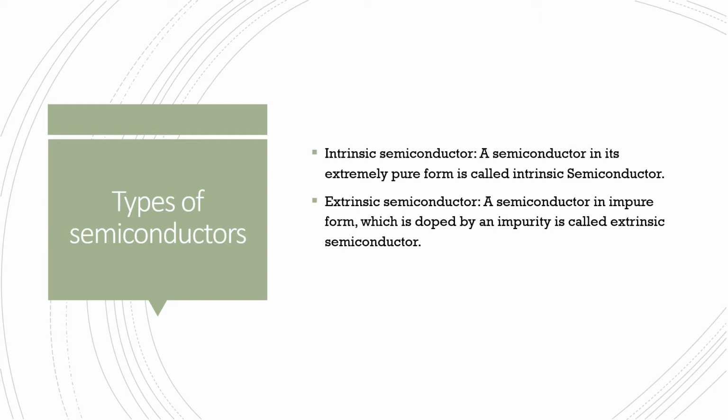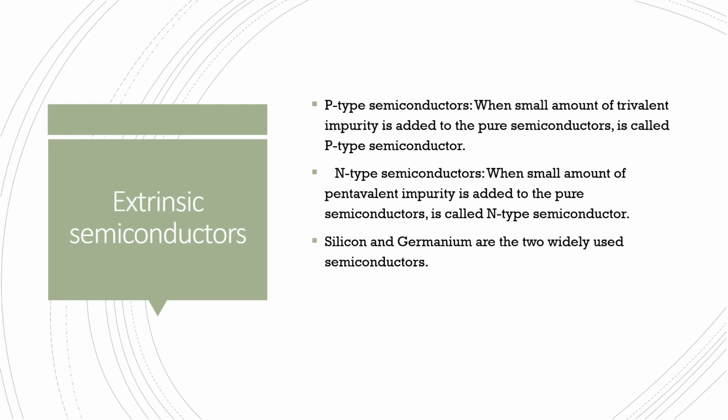This extrinsic semiconductor is of two types: P-type semiconductor and N-type semiconductor. When a small amount of trivalent impurity is added to the pure semiconductor, it is called a P-type semiconductor.